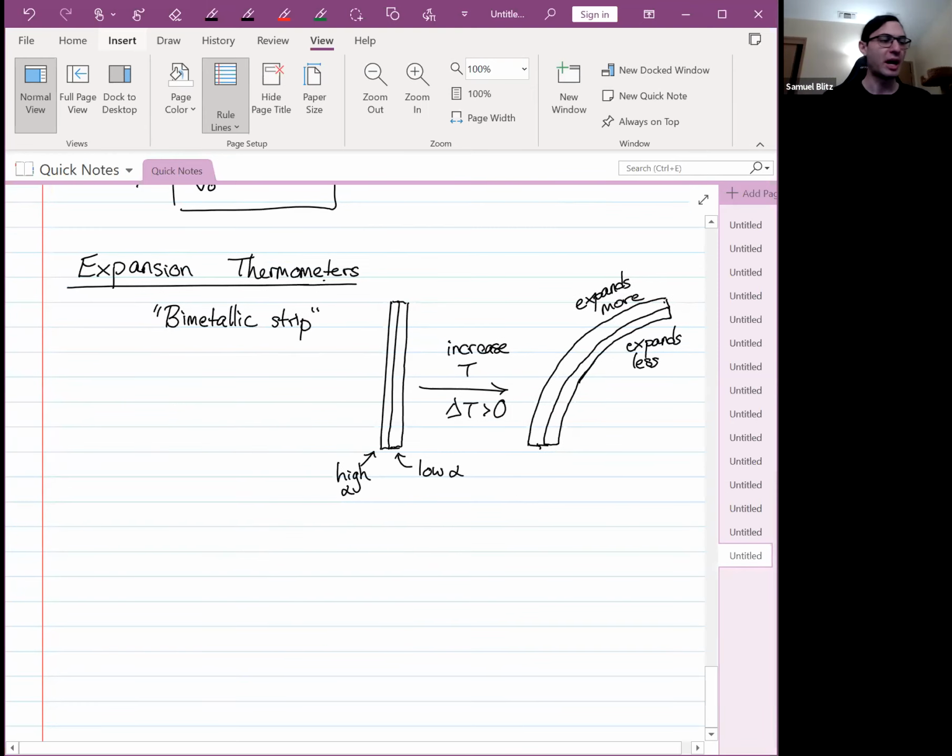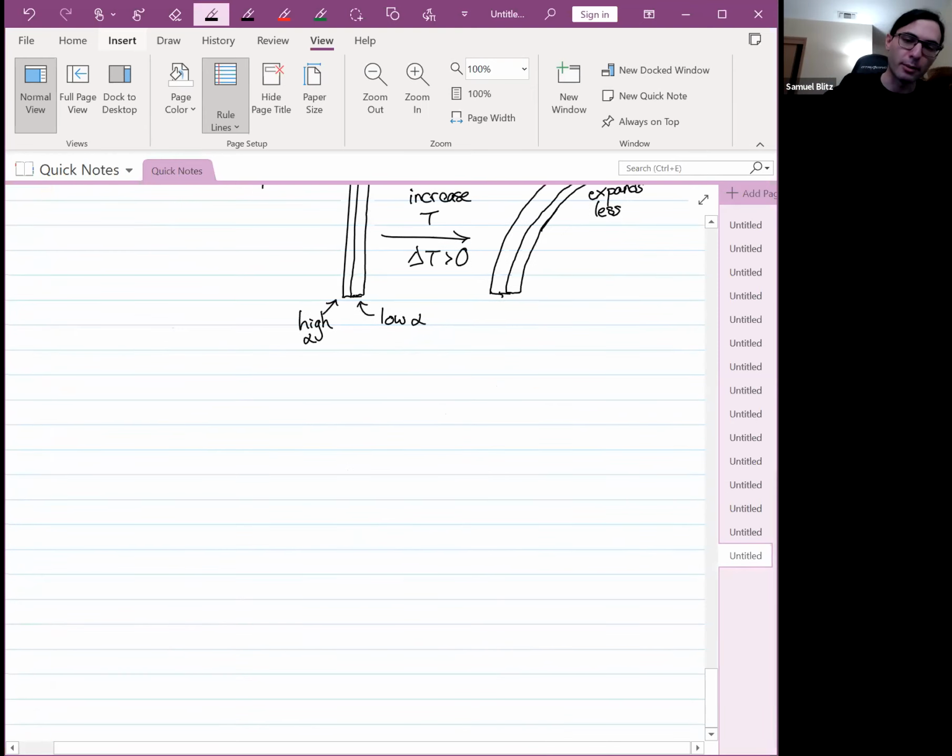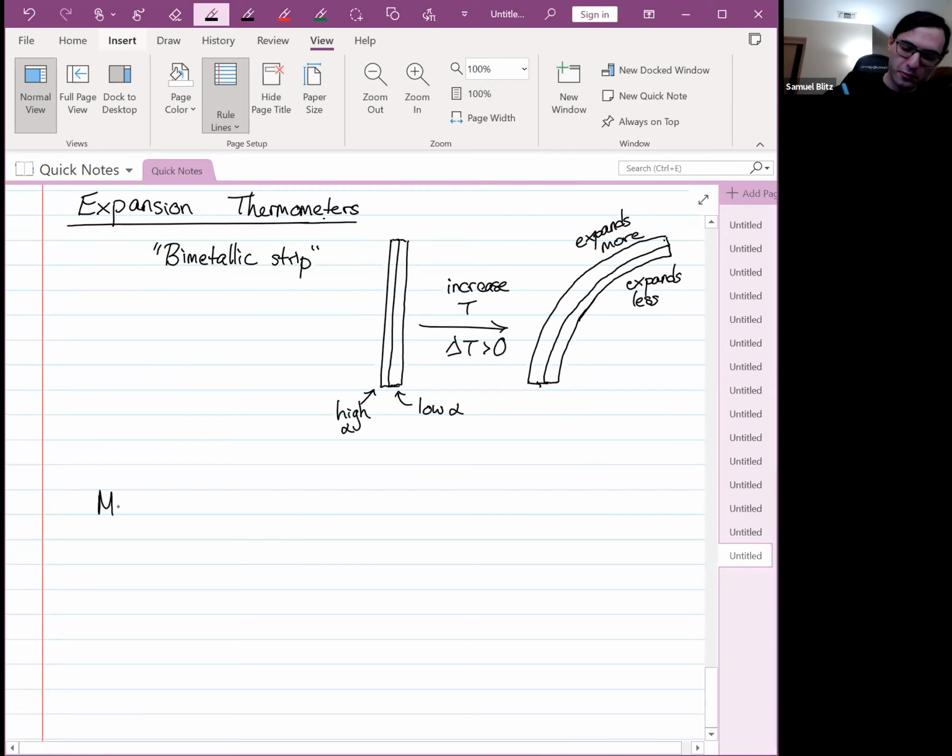Another example that you might be more familiar with is the mercury thermometer. A mercury thermometer relies on volumetric expansion. In a mercury thermometer, you have a very, very narrow tube, and you can make really narrow tubes if you glass blow properly.